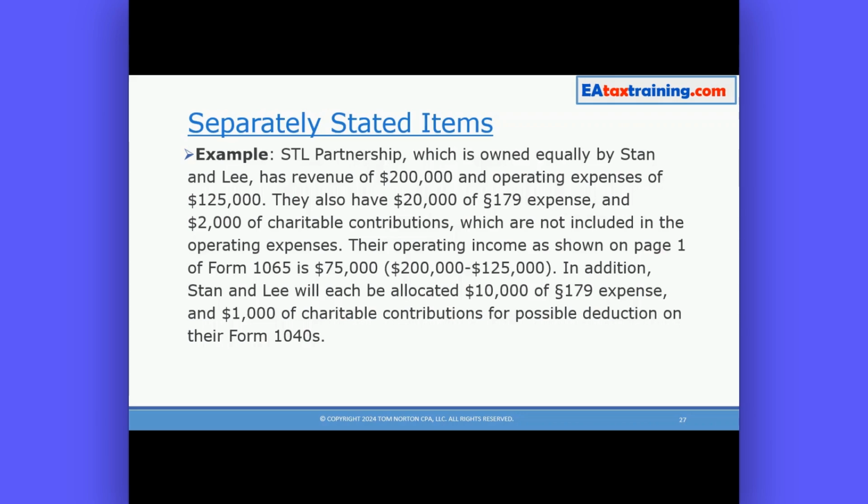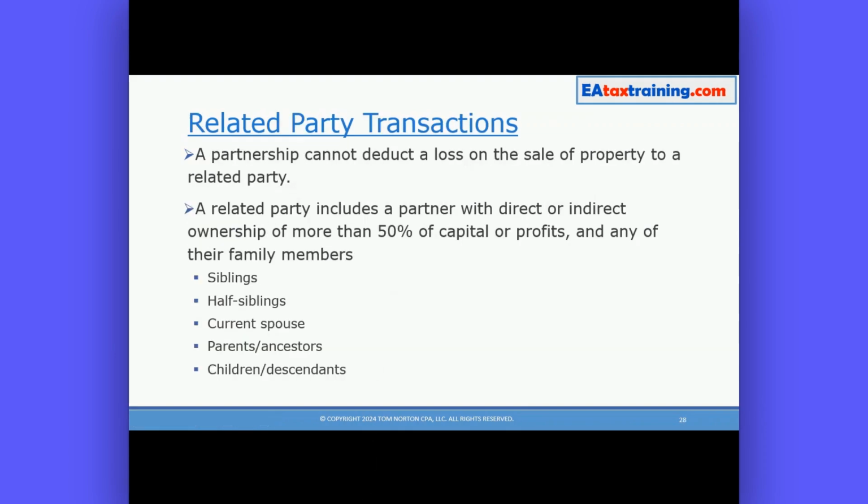And then each of their individual K1s is going to show 179 of $10,000 and charitable contributions of $1,000. They will then take that information to prepare their Form 1040. And again, it's just a simple example. They could have a lot more separately stated items, but just trying to give you an idea of how that works.